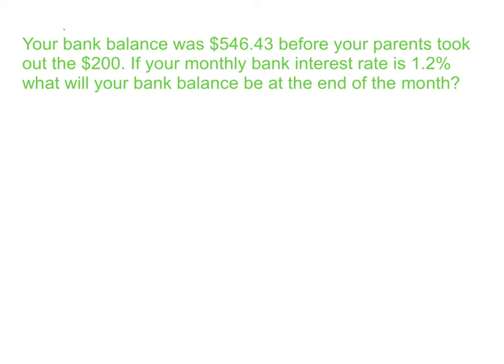Now I know that my bank account balance was that much, but that much was taken out before the end of the month. So when something is taken out, we know that the concept we're using is subtraction. Something is taken, it is subtracted.